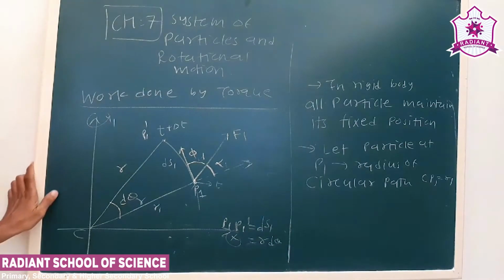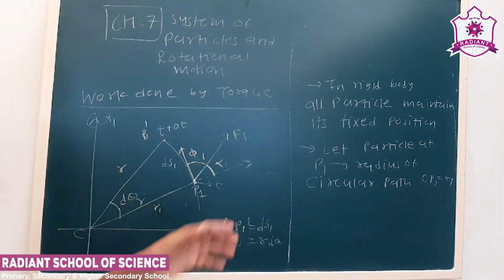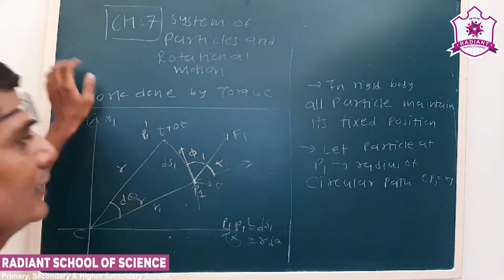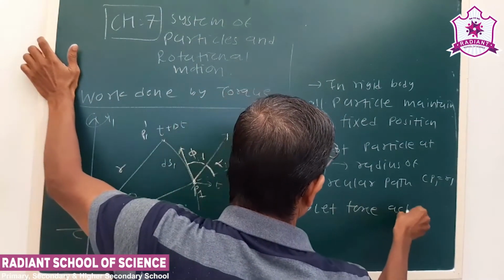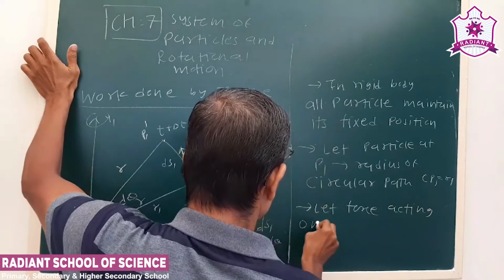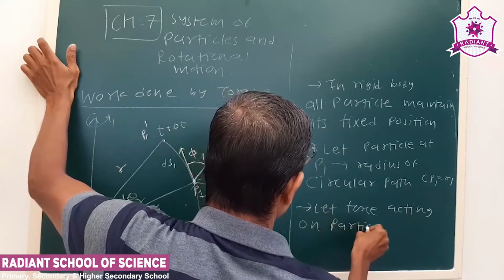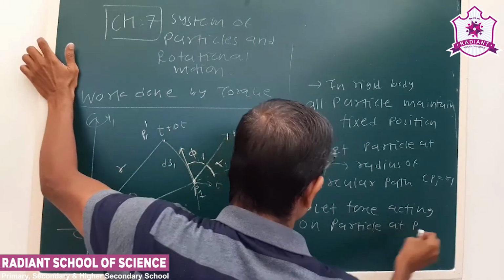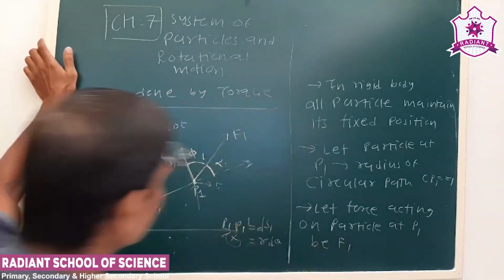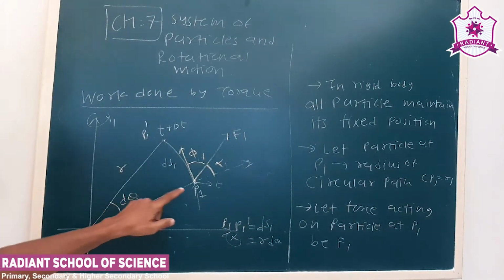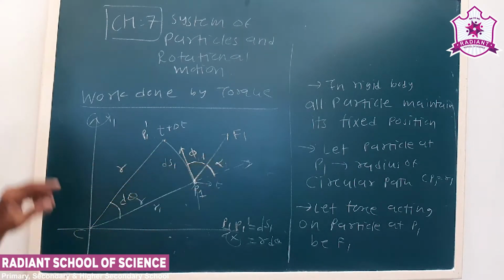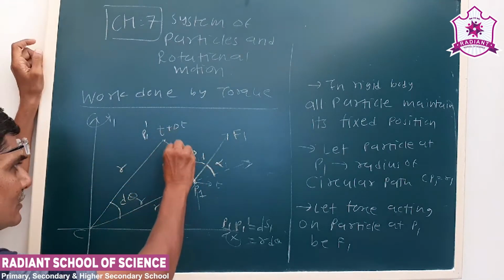Now let us say on this particle there are a number of forces, but let the force acting on the particle at P1 be F1. Now consider a displacement. Due to this force, the displacement is ds1.